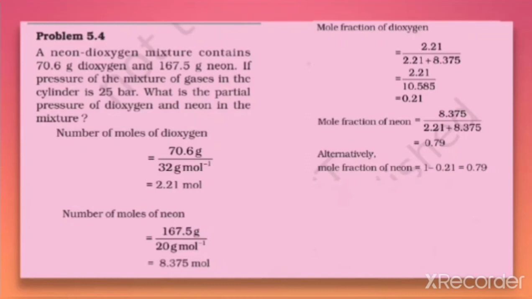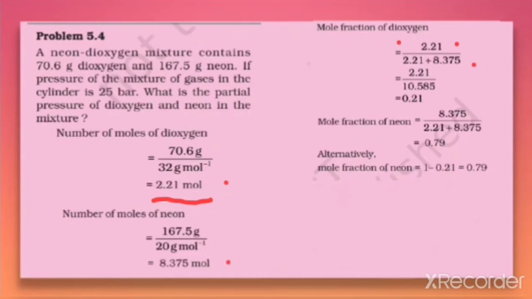So what is the mole fraction for dioxygen? The mole fraction of dioxygen is the number of moles of dioxygen, 2.21, divided by the total number of moles, that is 2.21 plus 8.375.